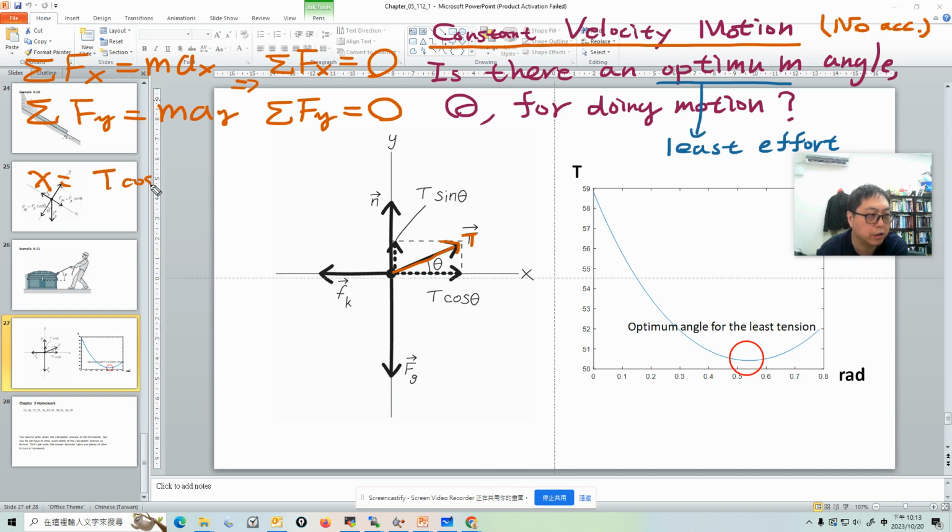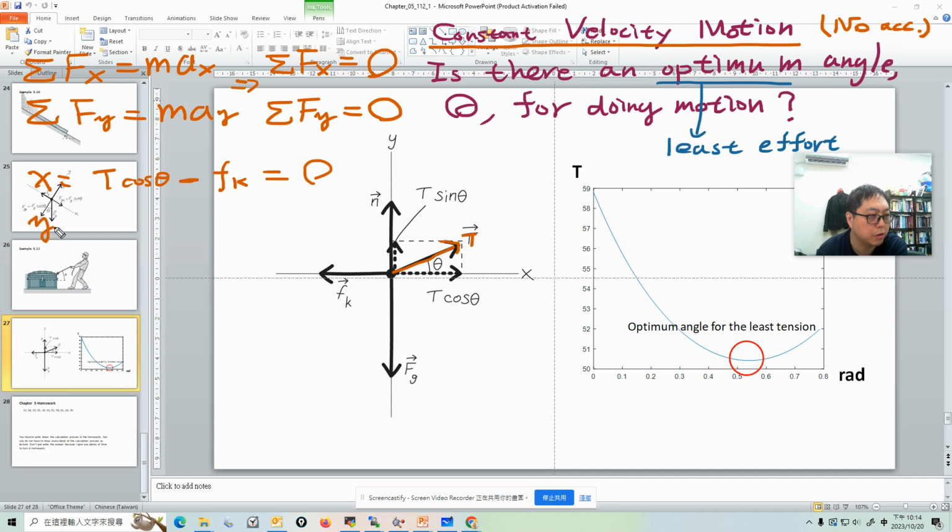Is there any other contribution to the x direction? Yes, the friction between the box and the surface points to the left, so it's negative: minus F kinetic friction. Any other contribution? I think no, so the sum equals 0.